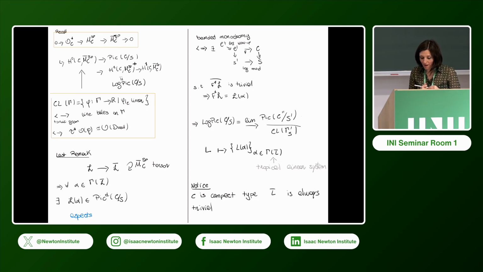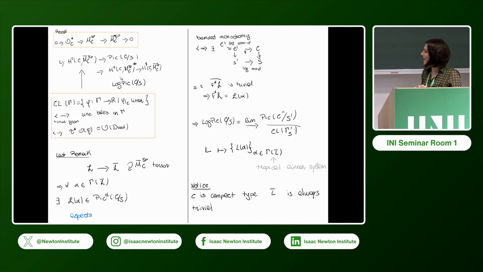And what the bounded monodromy condition tells me is that for any family of log curves, after performing some log blow up on both the base and the fiber, this is possible. So what this condition means is that on some refined model of my curve, where I might have blown up some nodes, there always exists a line bundle that represents my log line bundle.